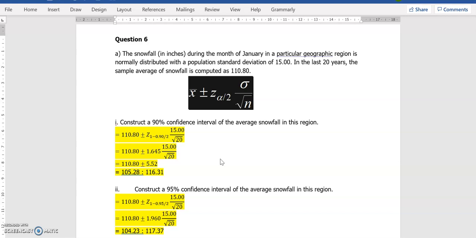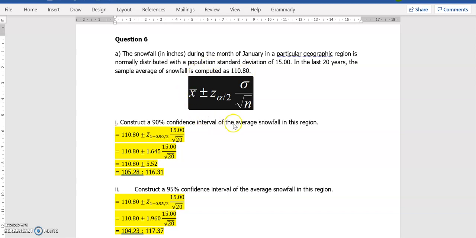So there are 3 important pieces of information that we obtain for question 6a. First is the population standard deviation, that is 15. Second, the sample size, that is 20 years. Third, the sample average of snowfall, which is 110.80.